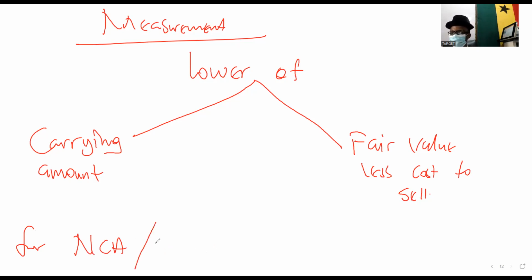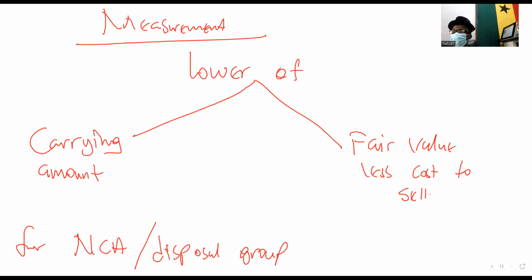Non-current asset or disposal group, or a discontinued operation. You see that sometimes you have an asset, a group of assets that are going together, a disposal group. Or you can even have an entity, an operation that is going for sale. So that is where we are coming from. Good. So take notice of that.